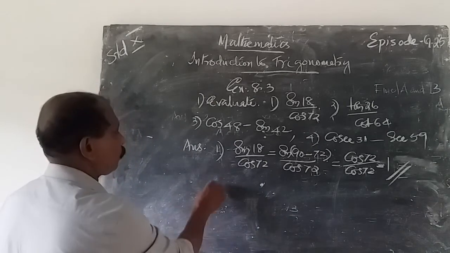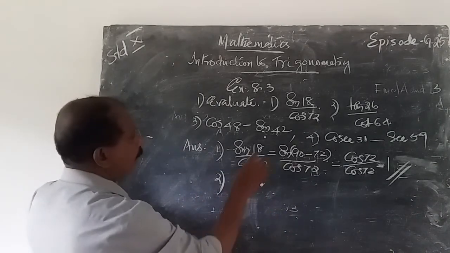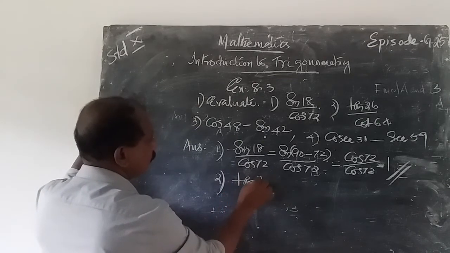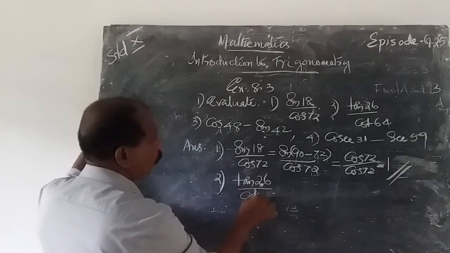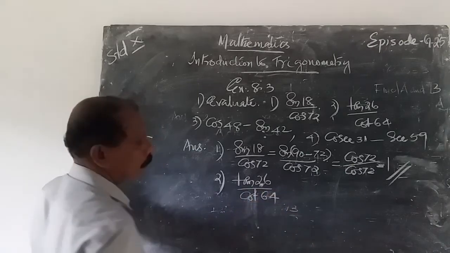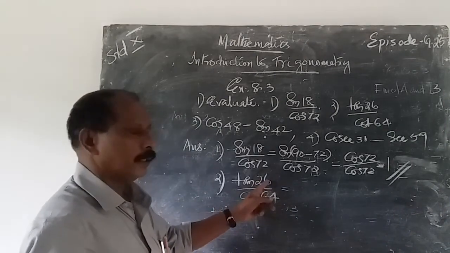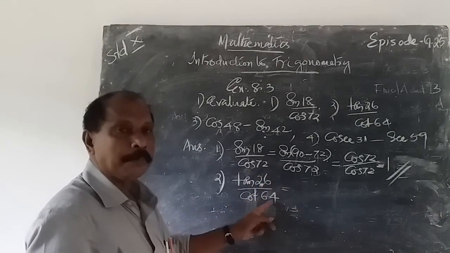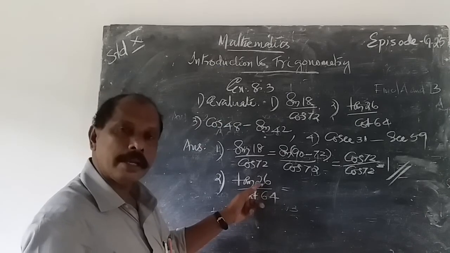Then question number 2: tan 26 by cot 64. 64 plus 26 is 90.